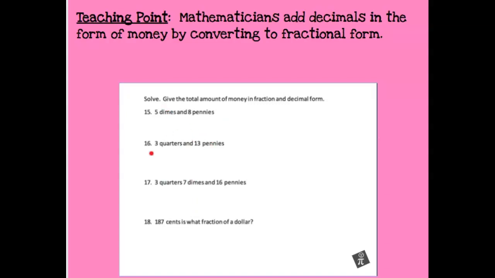For example, if we were to look at 3 quarters and 13 pennies, there's a variety of ways students could think of this. We could have them say, well, 3 quarters, I'm going to start with the fact that that is 75 cents. And we could either use that symbol, or we could use the word cents altogether, C-E-N-T-S. All right, and then of course it says 13 pennies. So what's 13 pennies?